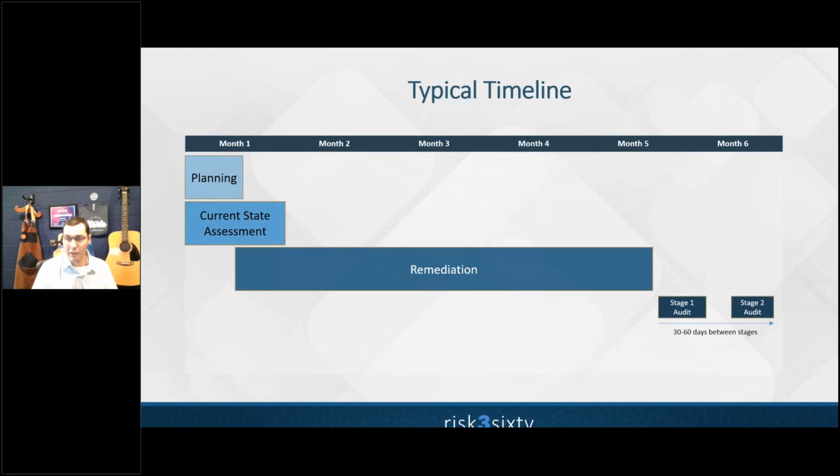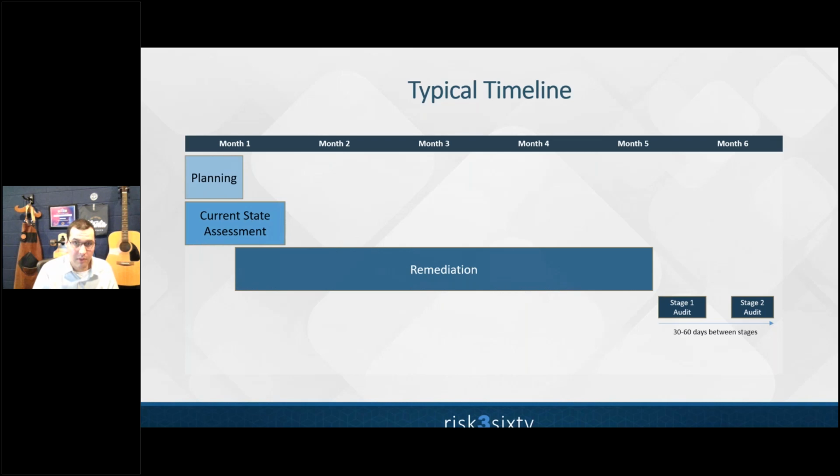So pretty much right away, we'll begin with planning and the current state assessment. Once we're through the current state assessment, there's some you can really start before we're even through that. But there's a block for remediation, which can take a few months.